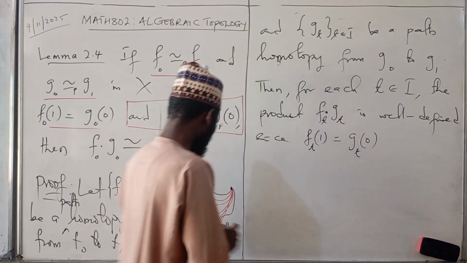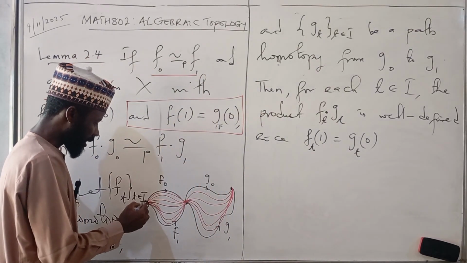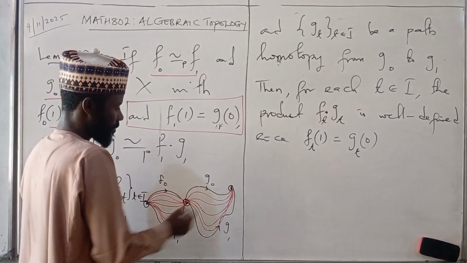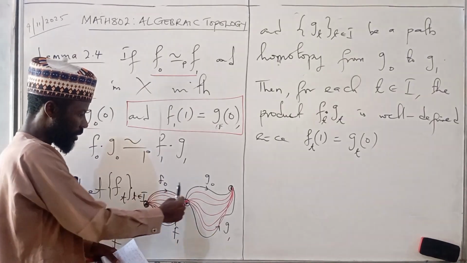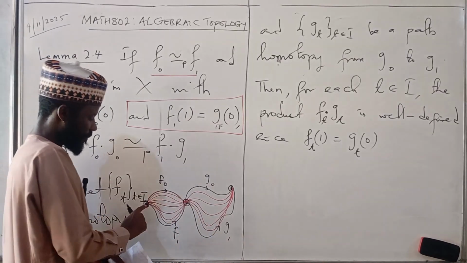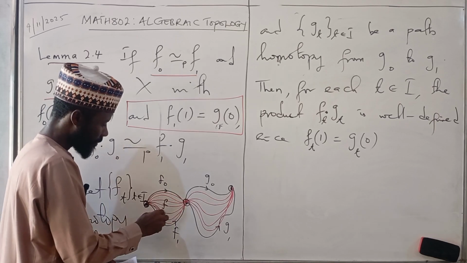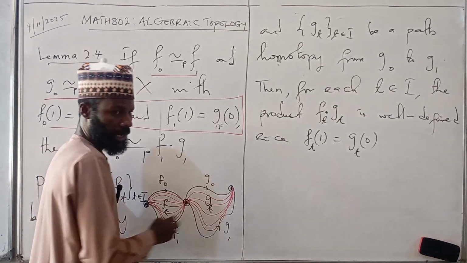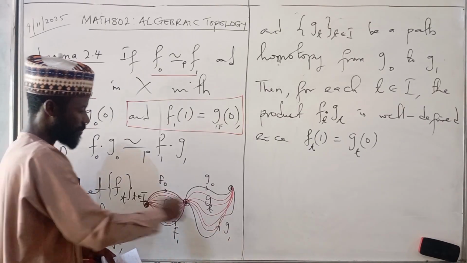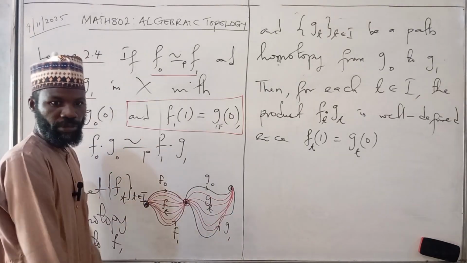So actually the homotopy is relative to this point. So these points are always fixed. Therefore, if you take f_t here, it shares the same terminal point as the g_t over here. So you see that the product is always defined corresponding to every t.